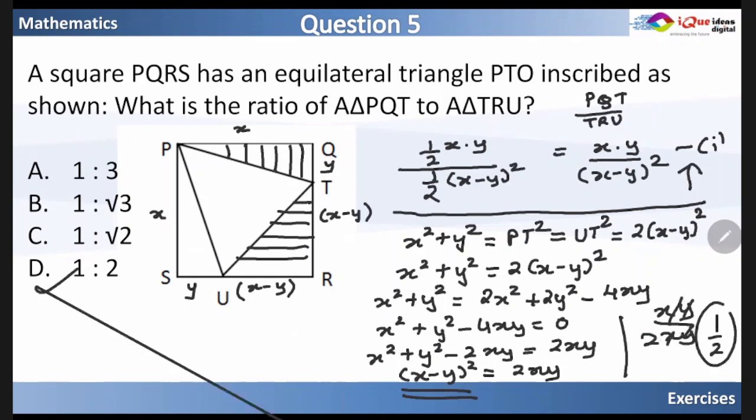Option D. Got this part? So it's actually through simple application of formula of area of triangle and Pythagoras' theorem, but you have to work it out a bit.